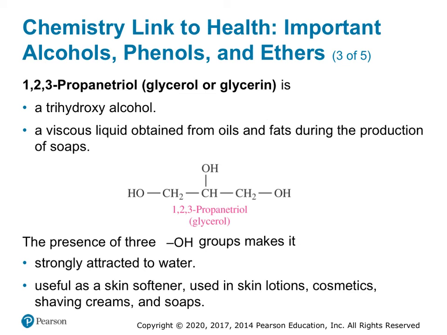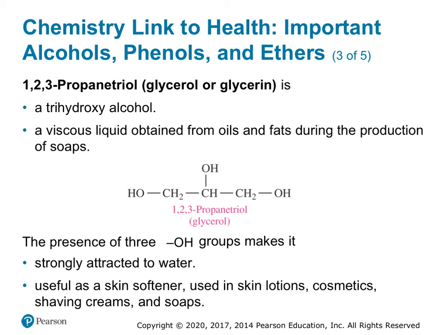We can have a tri-alcohol, 1,2,3 propane triol. Here we have our propane group, and we have 1, 2, 3 OH groups. So it's called a trihydroxy alcohol. This is commonly known as glycerol or glycerin.